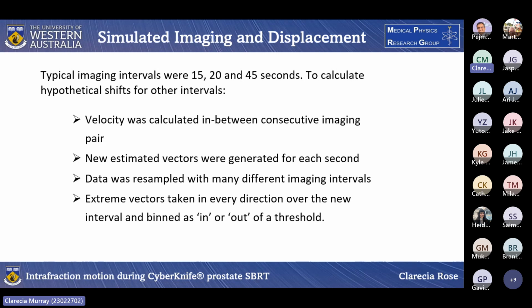This allowed the resampling of the data in order to simulate several different imaging intervals. The extreme positions in each direction were taken and vectors acquired, and the imaging interval was simply binned as in or out of the given threshold.